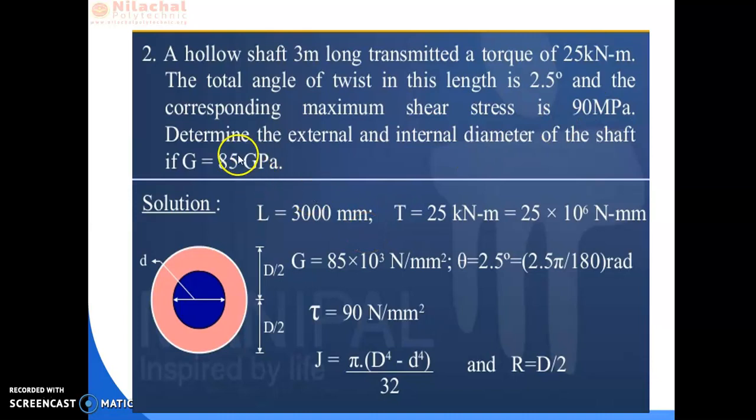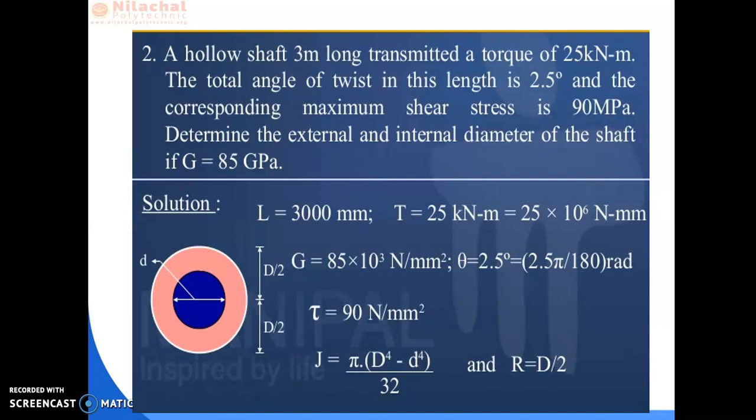We have to find out the external and internal diameter. So, the external and internal diameter can be obtained from two expressions. One is from the polar moment of inertia, another is from the formula for the shear strength.